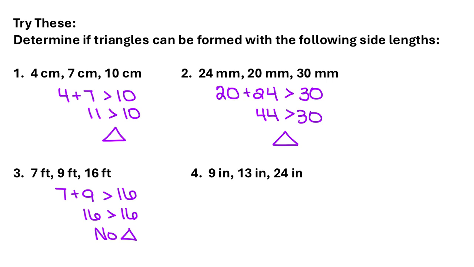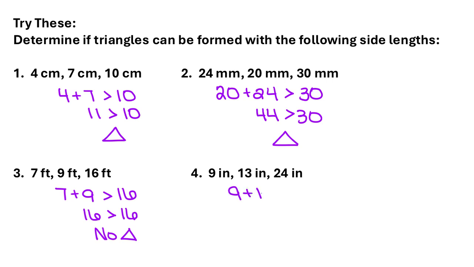9 and 13. What's my inequality going to say? Let's start at the beginning. What am I going to do with the 9 and the 13, Josh? Add them together.